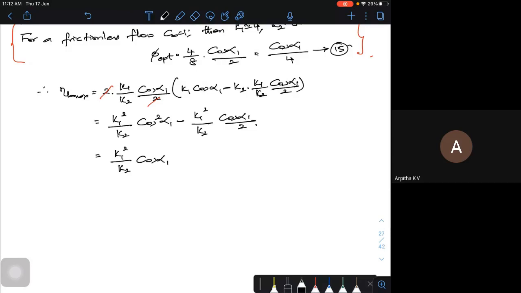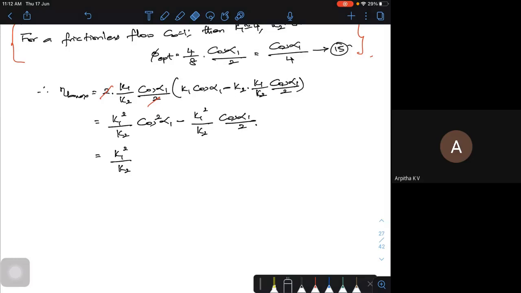If I take it out, I can write it simply as K1 square, cos square alpha. Both are cos square alpha. This will be cos alpha into cos square alpha.